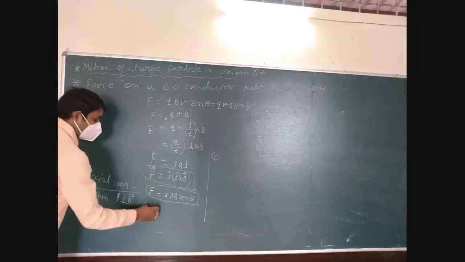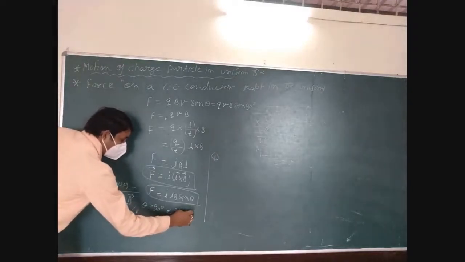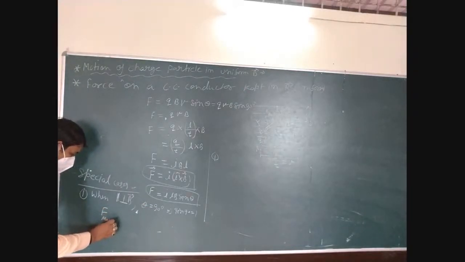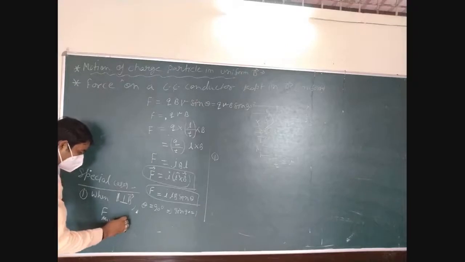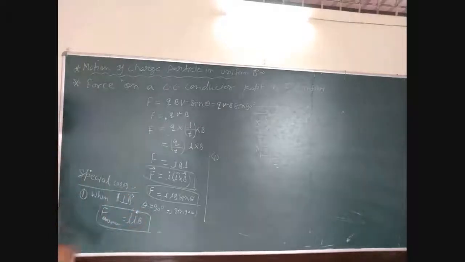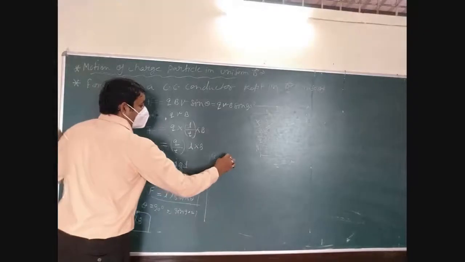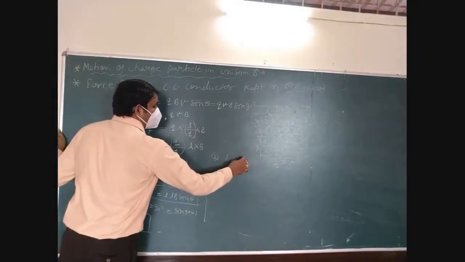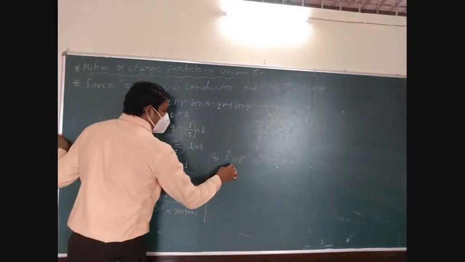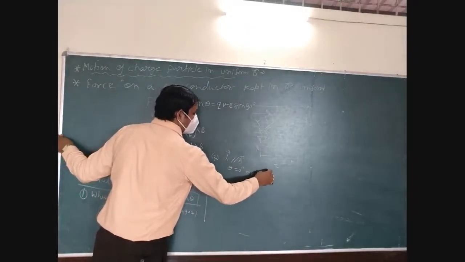Then this theta is 90 and we get sin 90 equal to 1, that is this force is maximum, equal to I L B. And another case is when L is parallel to B, we have theta as 0 or 180 degrees.